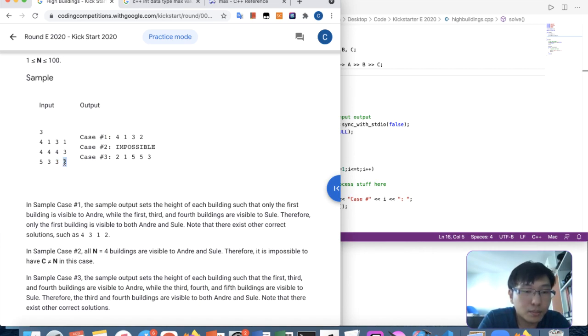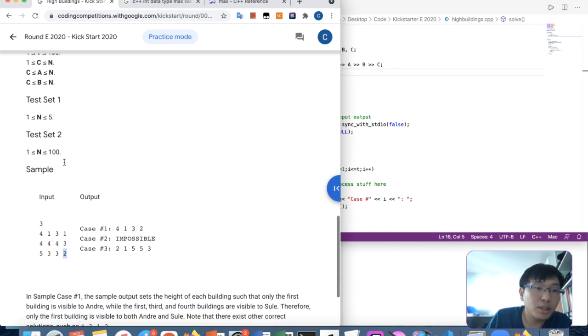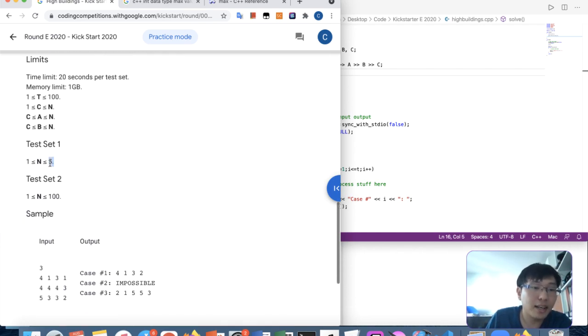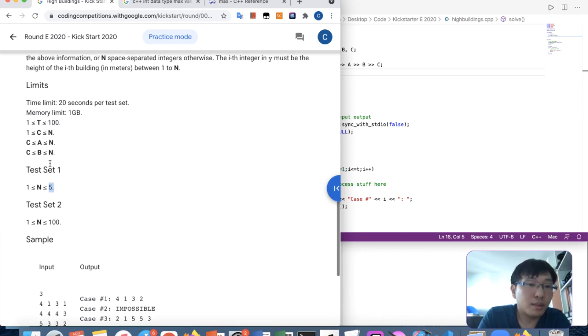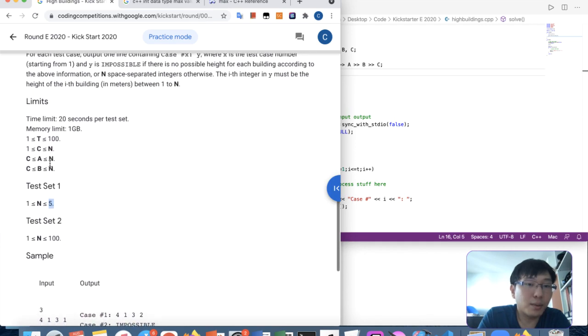I'm just thinking, over here if n is 5, that means test set 1 can essentially be brute force. You can basically just look through all permutations of the buildings, which can be from height 1 to 5.